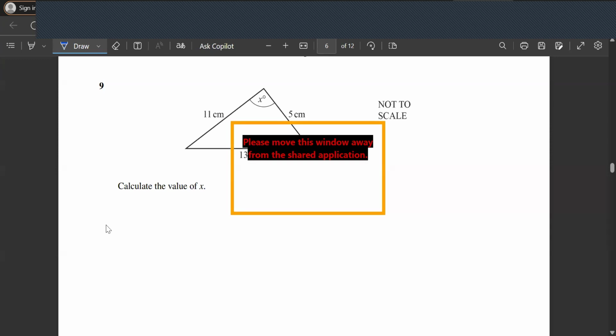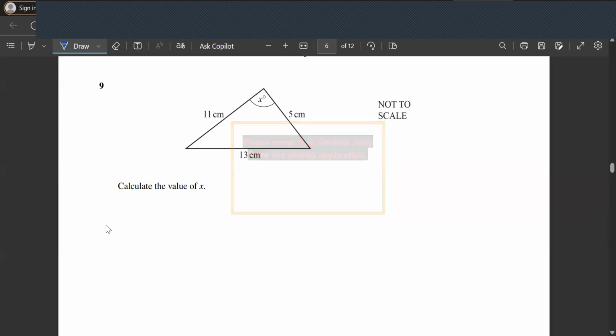I need X, so I will write the cosine rule. Do I have to write the cosine rule as we used to, or can we use another form? Yes, there is another form if the angle is required.